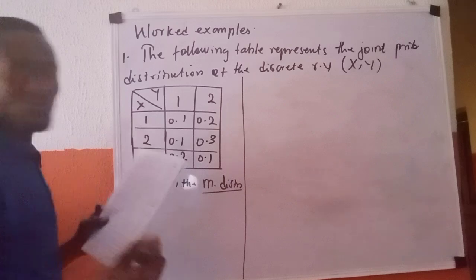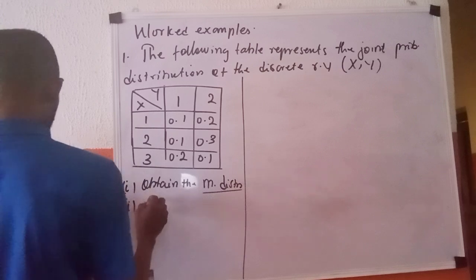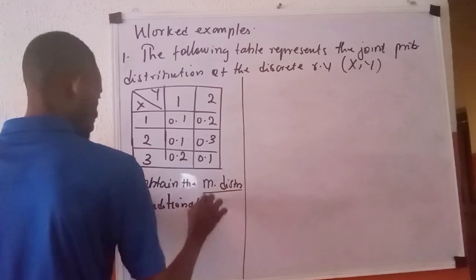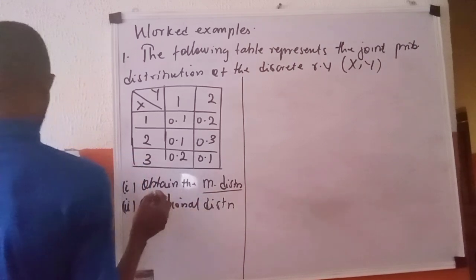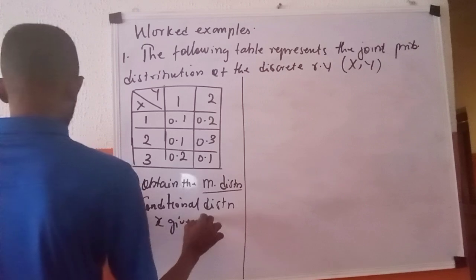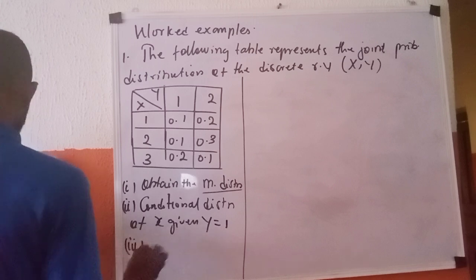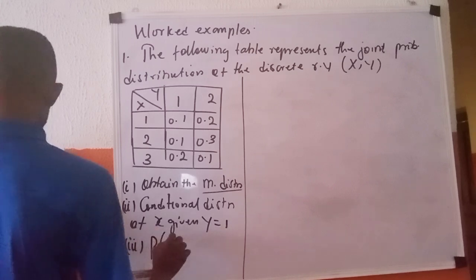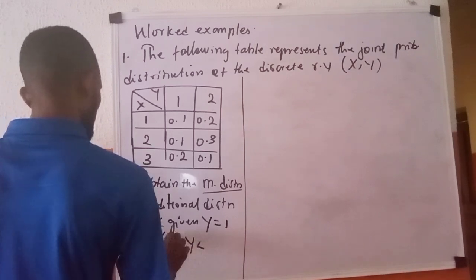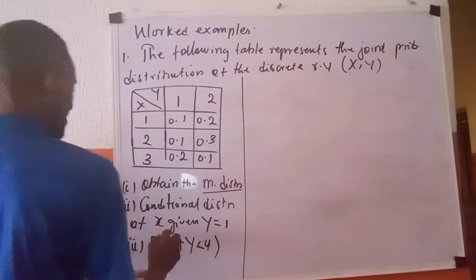Question II says, the conditional distribution of x given capital Y equals 1, and III, we have the probability that x plus y is less than 4.